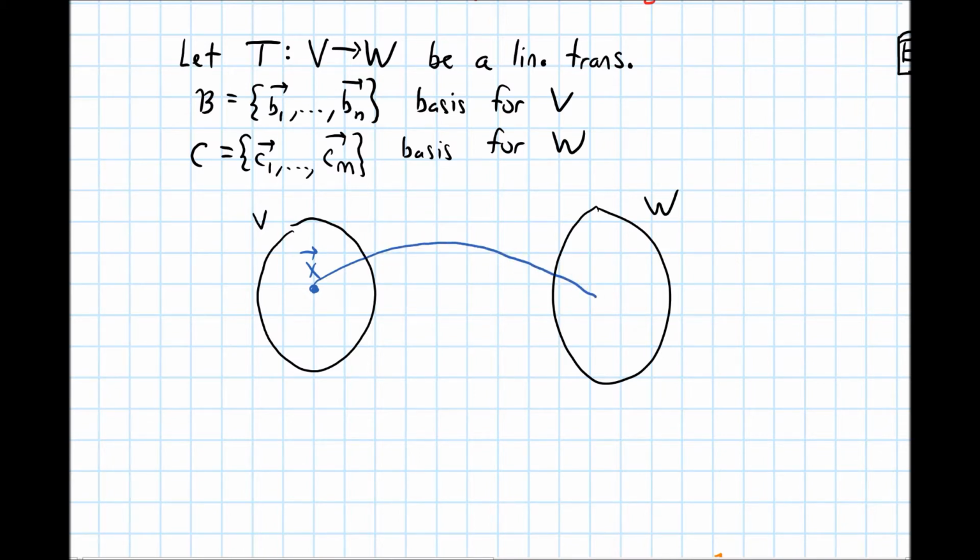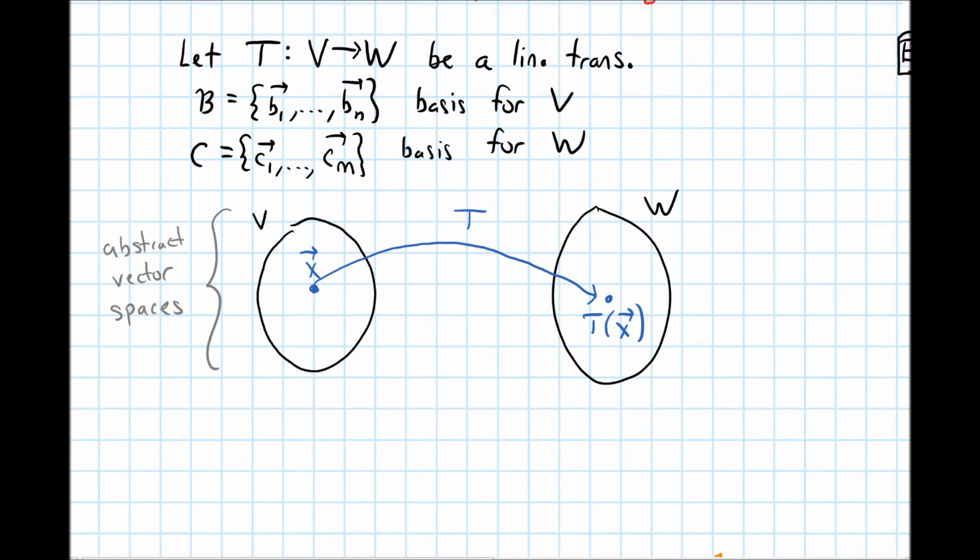When we do that, it'll give us T of x, and T of x is going to be an element in W. That's the output. So V and W in general may be abstract vector spaces.